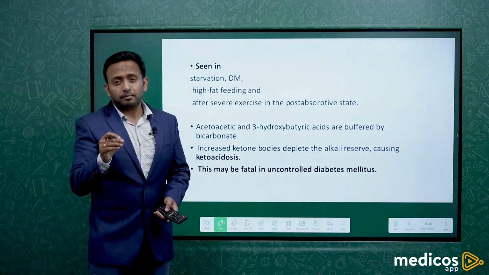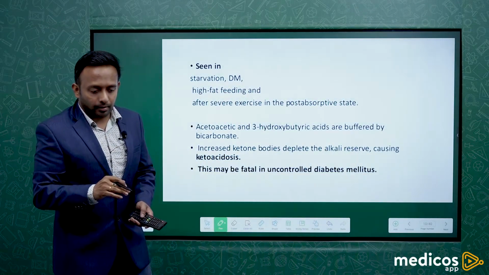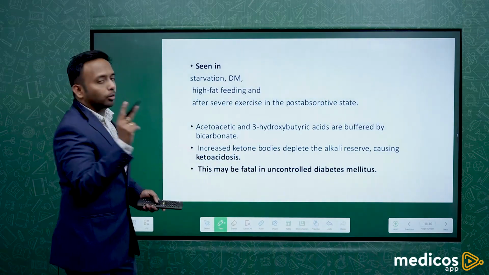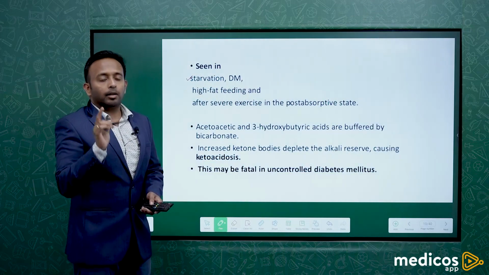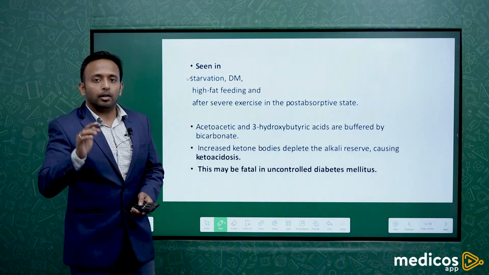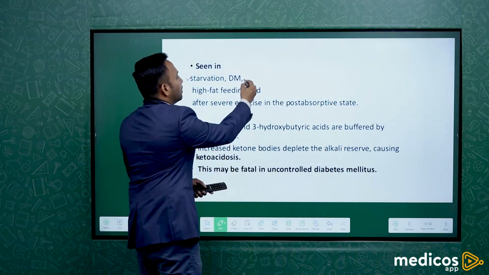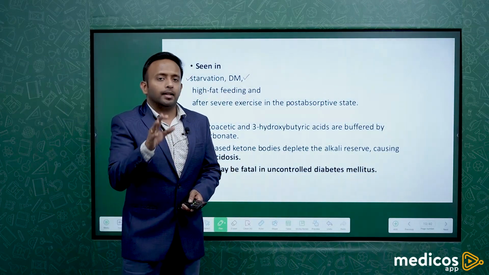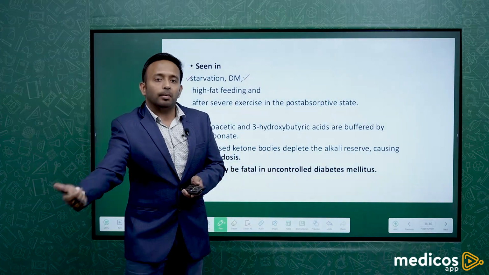And last, where do you see this? Okay, ketone body high, ketonemia or ketosis, you will see in 2 major conditions. One is starvation, because we do not have the metabolites for the TCA cycle, as we are at a high rate of gluconeogenesis. Second, uncontrolled diabetes mellitus, not the controlled, because again here there is an excessive amount of glucose in the blood, but there is no supply to the cell.